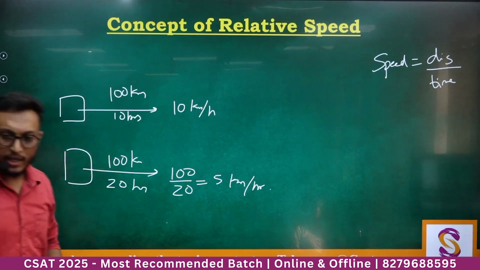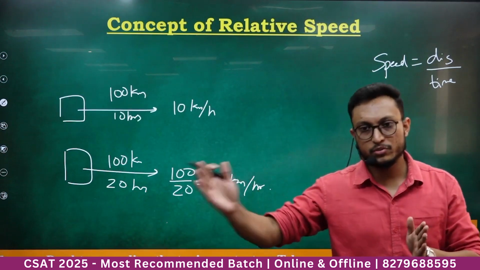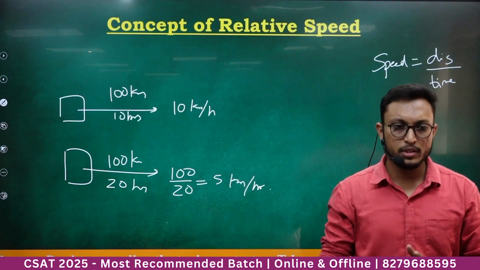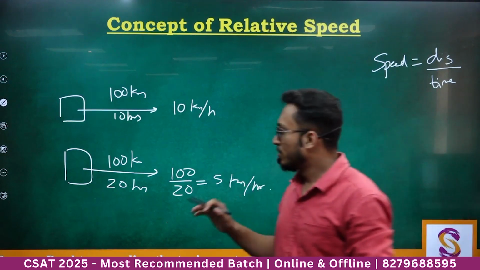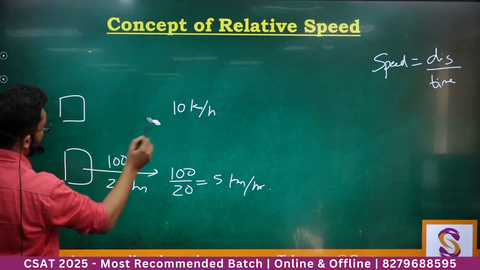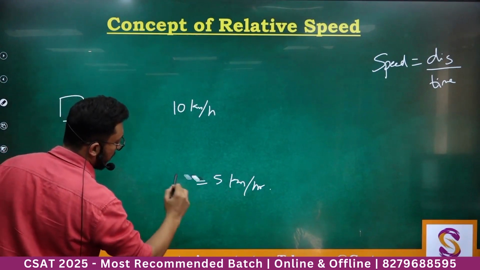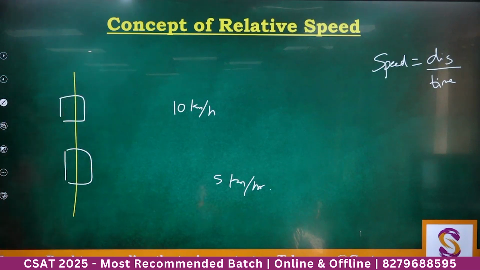But what is relative speed? Relative speed is speed of one person, one car, whatever is in consideration, speed of one object relative to other object. So these are two cars, they are traveling, let's say they are traveling in same direction with these speeds. अभी they started from a common point.